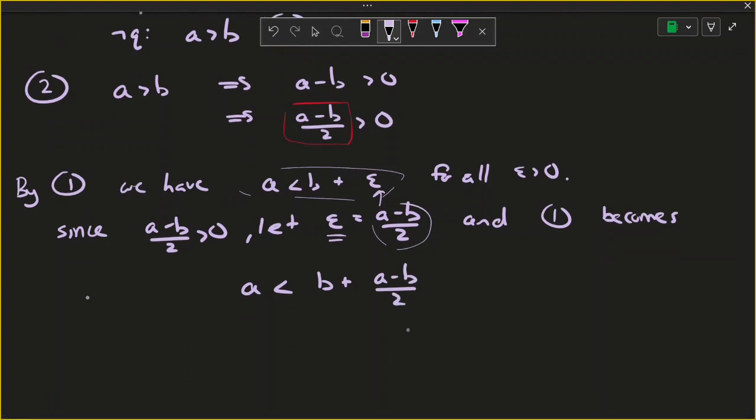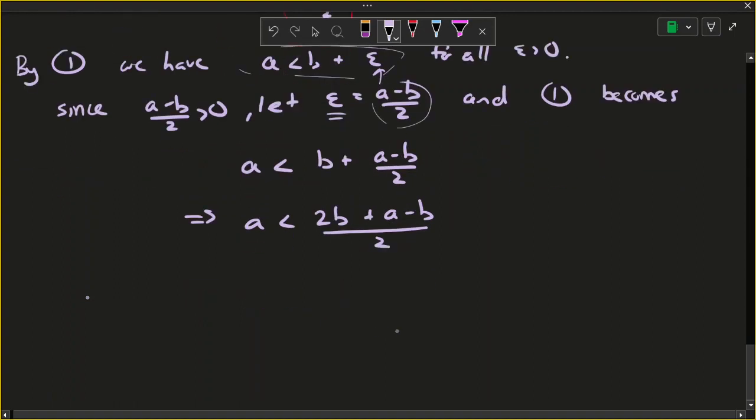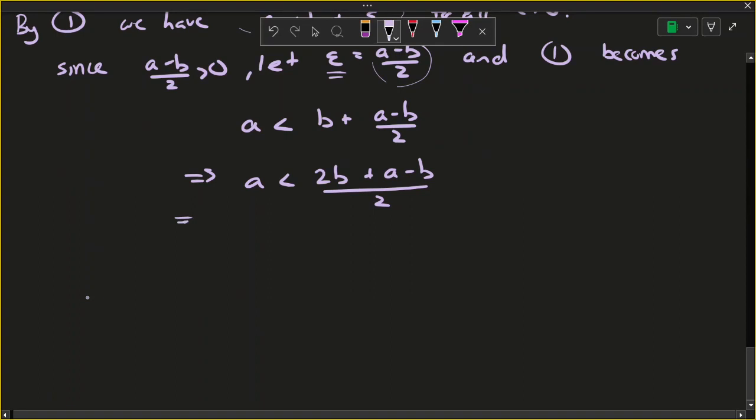And we're just doing a little algebra here. That means A is less than (2B plus A minus B) all over 2, just putting the B over 2. That means A is less than B over 2 plus A over 2.